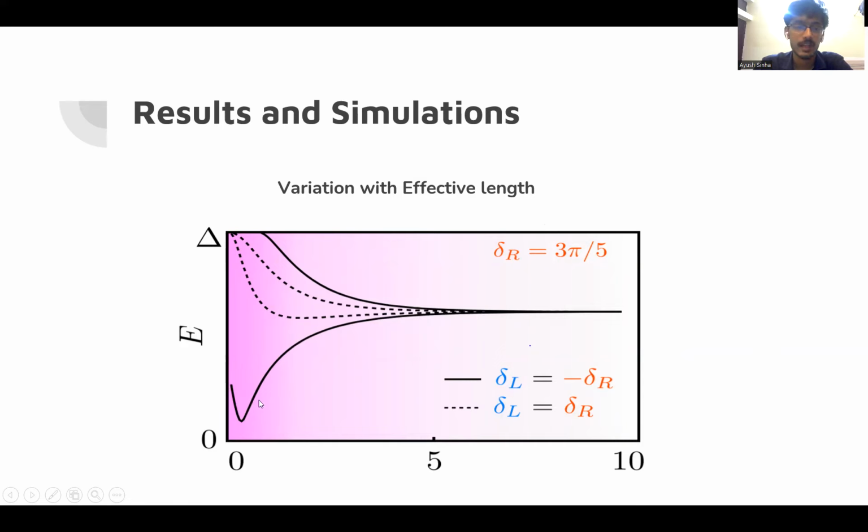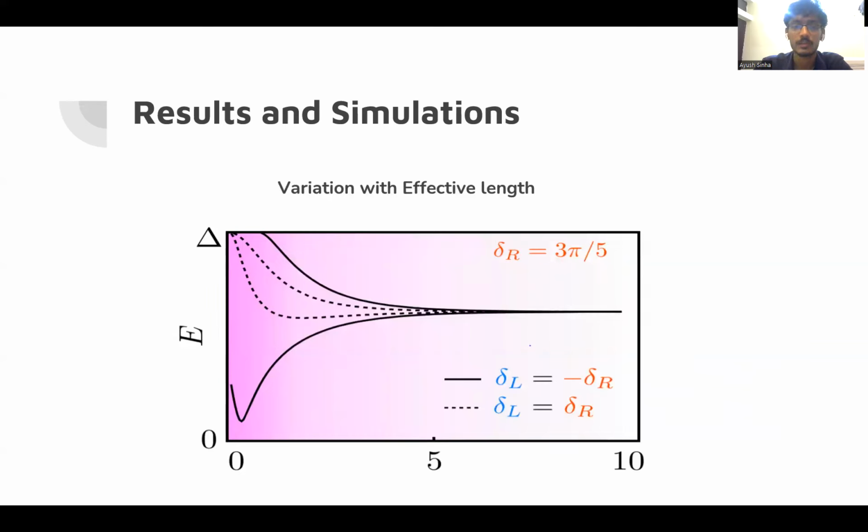This implies that as effective length increases, the effect of phase on the energy level reduces. It is basically almost removed, because there's a competition between the length scales.